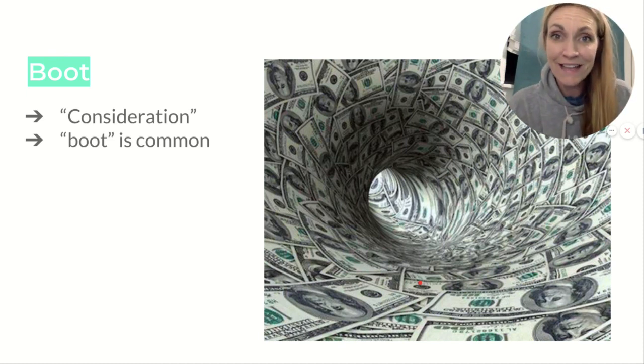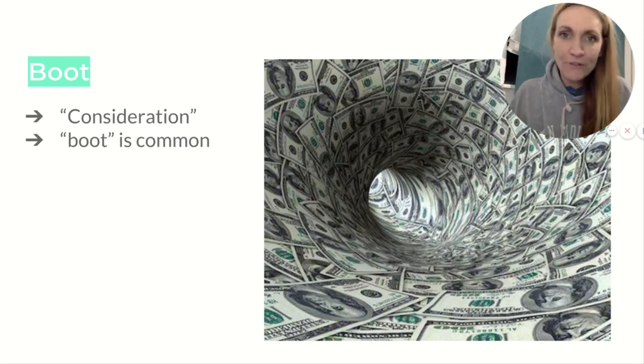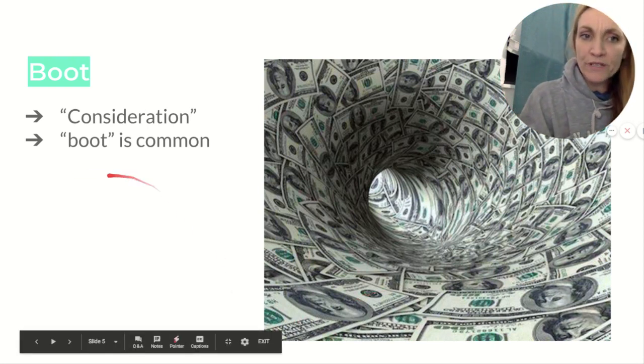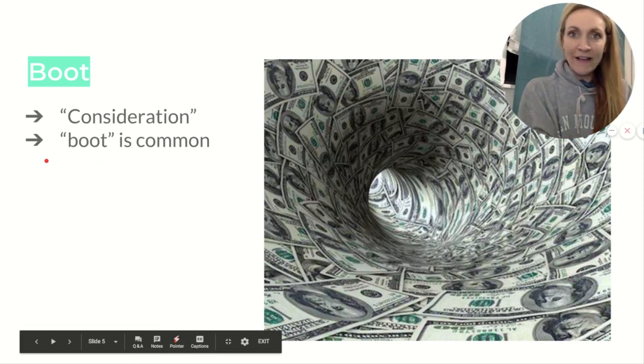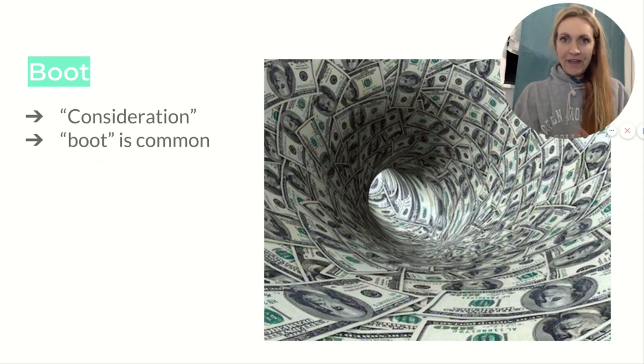With real estate, and even within equipment, they only have to be in the same depreciation class, which includes all types of assets and many things of different value. So boot is additional value, often cash, that's thrown in so that the exchange is fair.